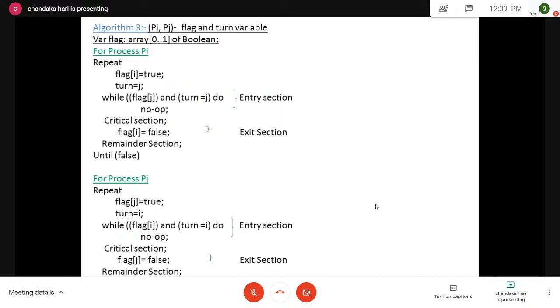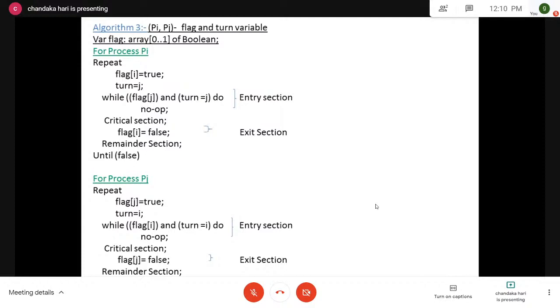Process PI, I'm writing. If process PI wants to enter into the critical section, initially he has to make his flag equal to true. And he is not making turn equal to I. He is making turn equal to J. Why?